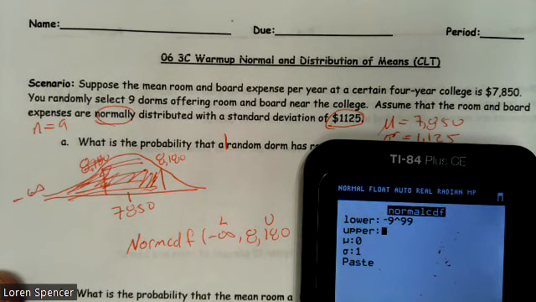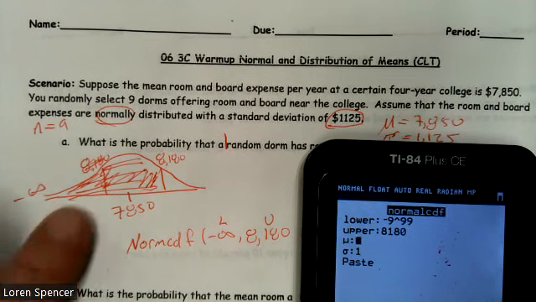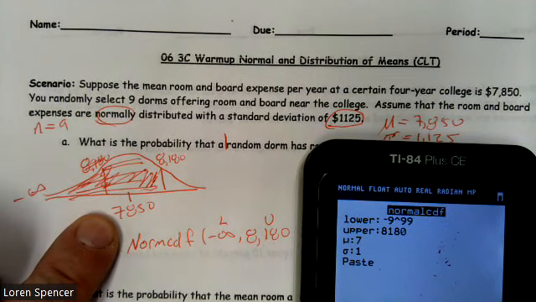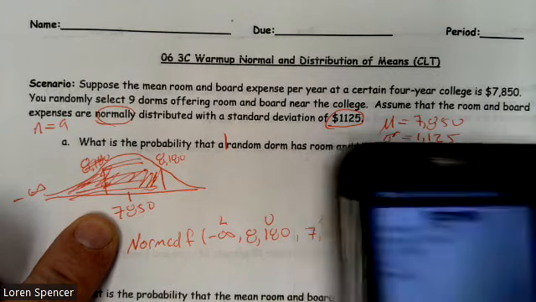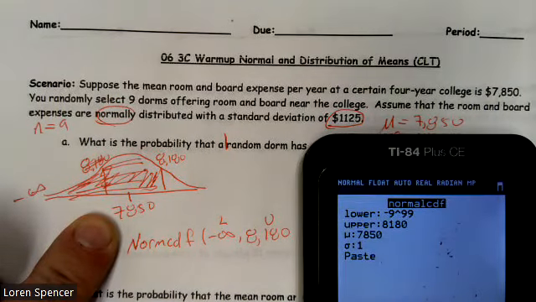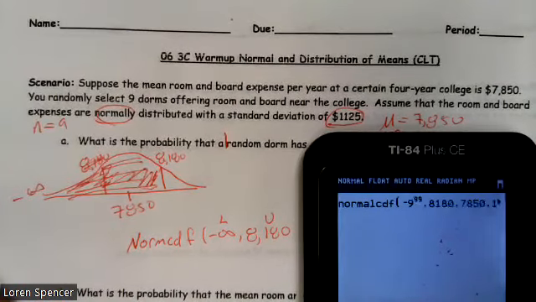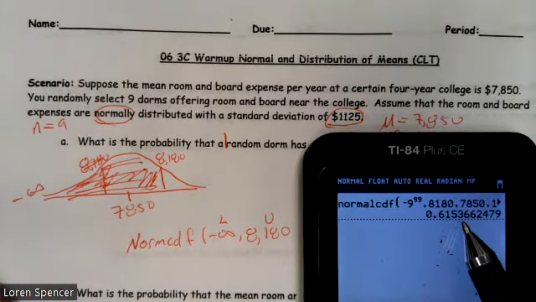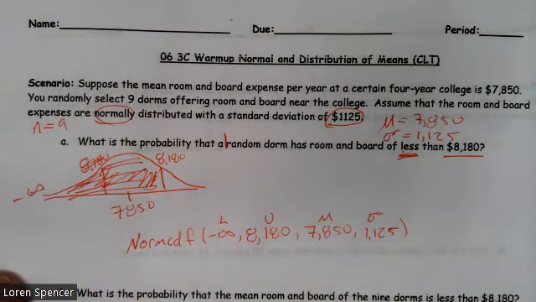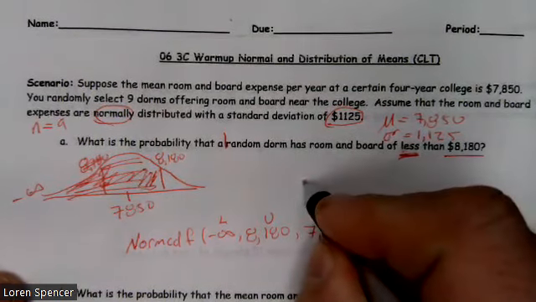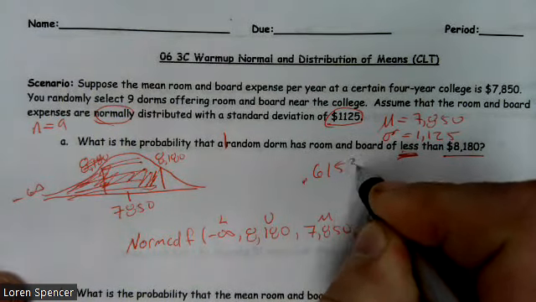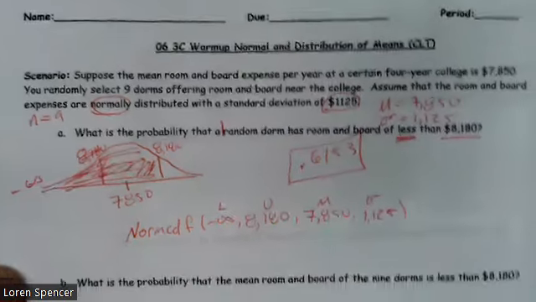My upper bound was 8,180, which is above the mean, so we were expecting it to be more than 50%. Then the mean of 7,850 and the standard deviation of 1,125. When we do that, we end up finding 61%, so 0.6153, and that makes sense because it should be greater than 50%.